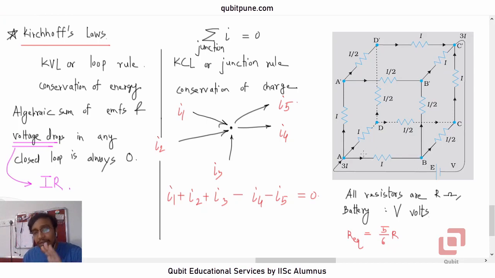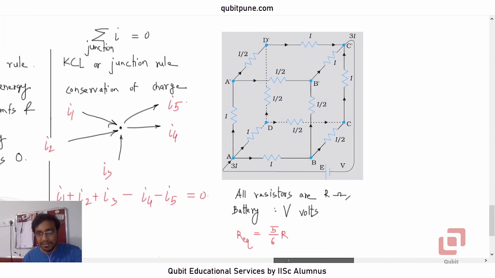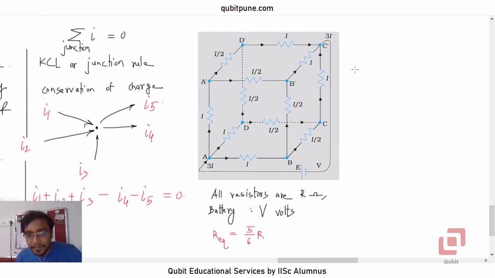Once the current distribution is complete, we have to bring in Kirchhoff's voltage or loop rule. So let us consider any one loop: A, B, C, C prime, E and A. A to B, B to C, C to C prime, then C prime to E, and then back to A. How much current is flowing through this resistance?